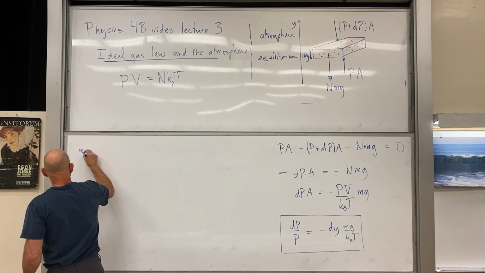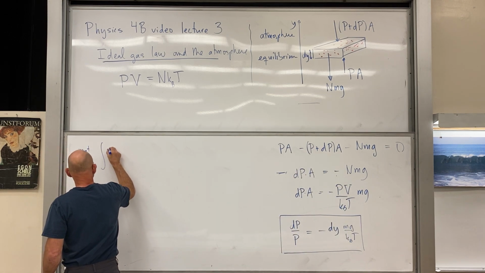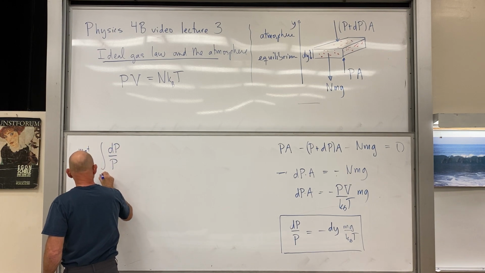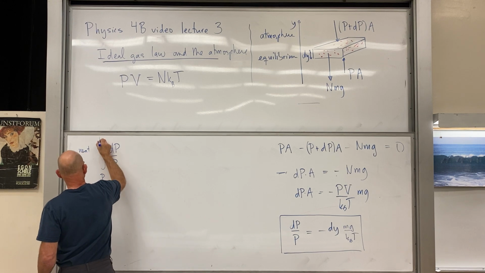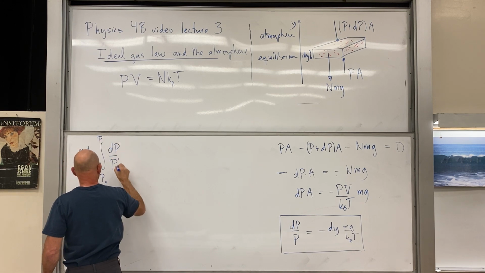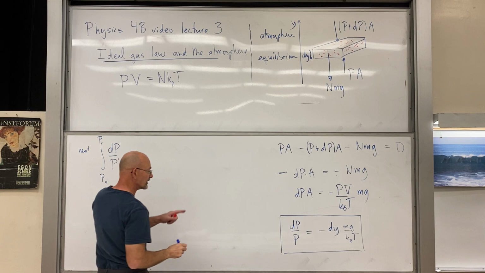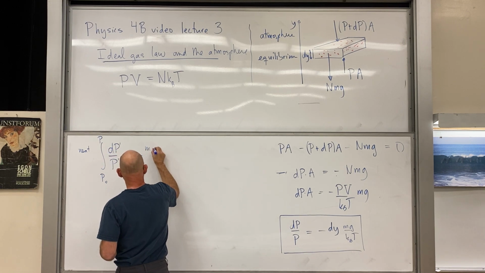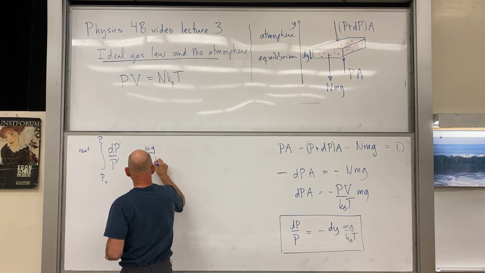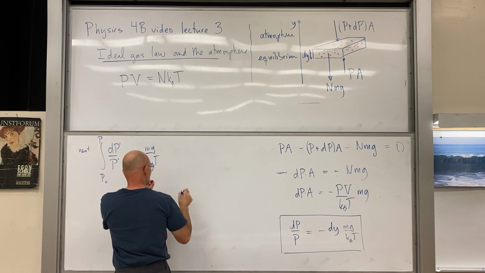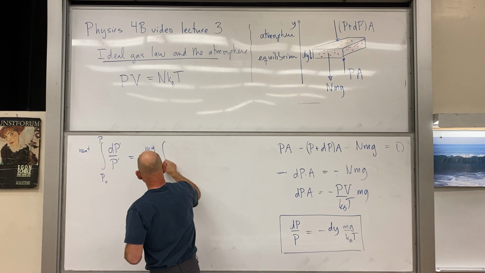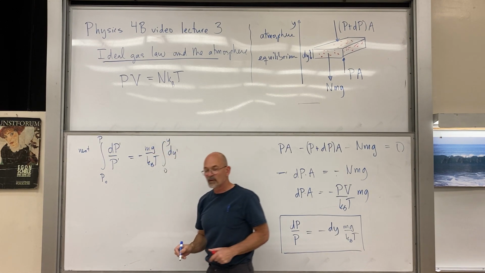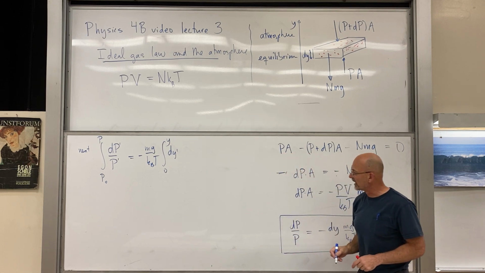So next, we integrate dP over P from P0 to P, so we put a little prime here, integration variable on both of those, and then we've got minus mg over k Boltzmann temperature. I got to say something about that. Integral dy prime 0 to y.